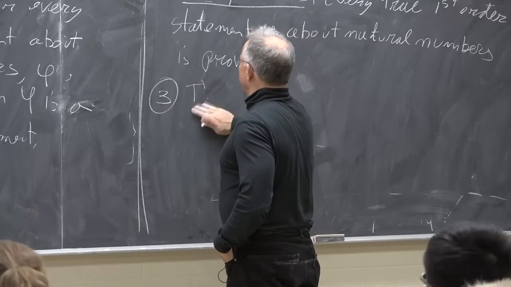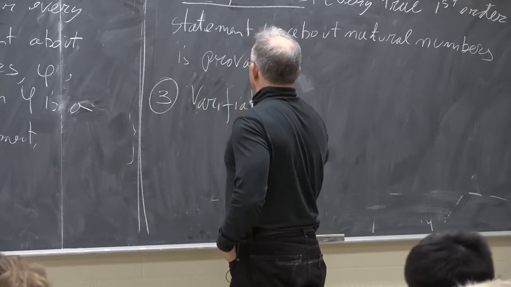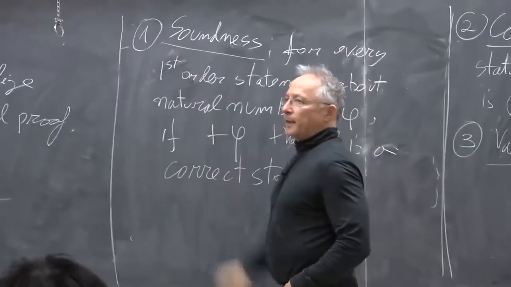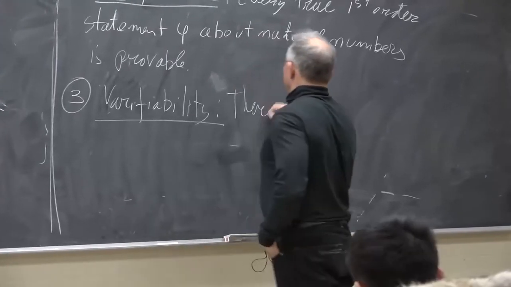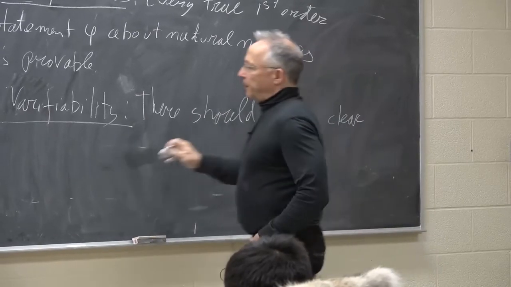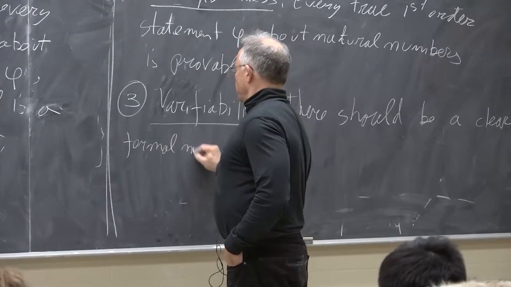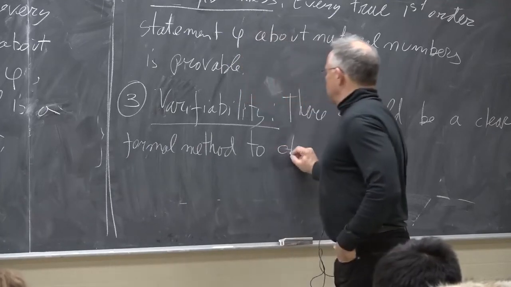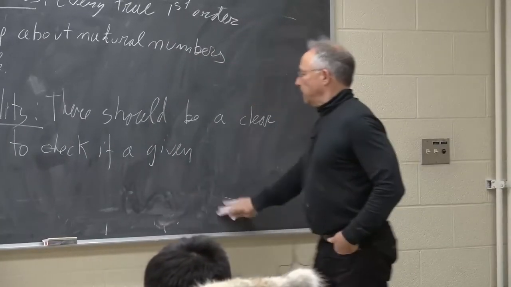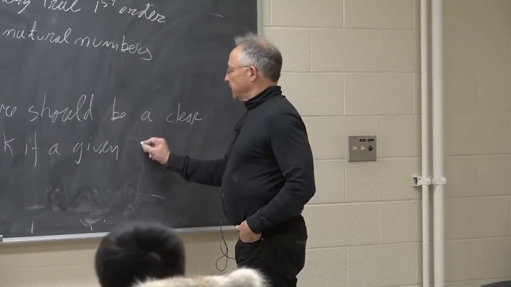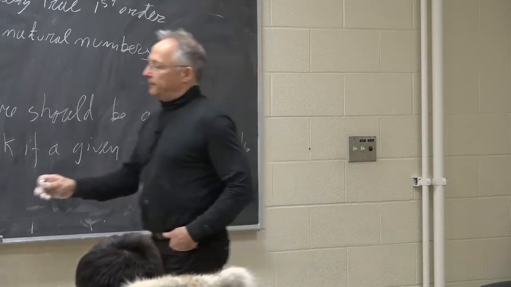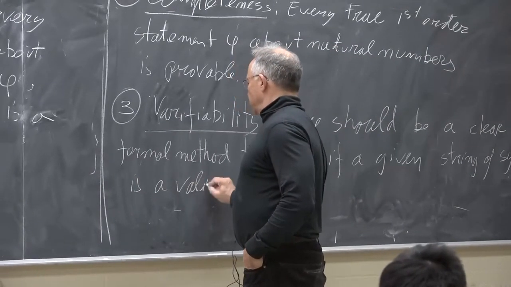So, number 3, it needs to be verifiable. So let's call it verifiability. There should be a clear formal method to check if a given string of symbols is a valid proof.